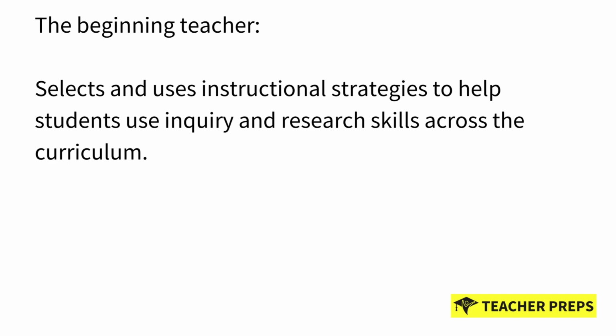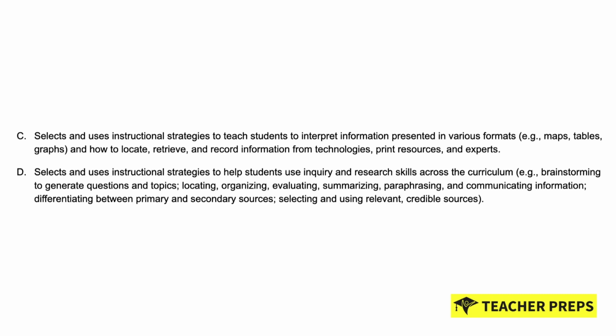Now here, we can see that this lesson builds from lesson number 3 in competency 6, which was the last lesson, as this statement shares keywords such as inquiry and research skills. The difference from this lesson and last lesson is that in lesson 3, marked as C in this screenshot from the Texas Education Agency Test Administration website, we learned how to teach students to interpret information presented in visual learning modalities.